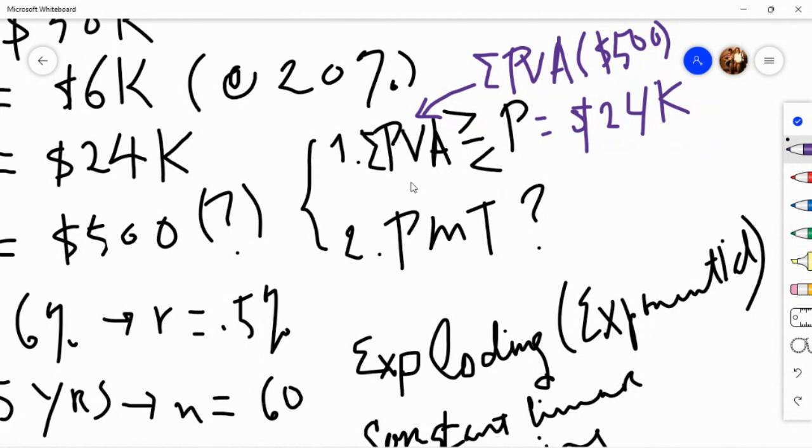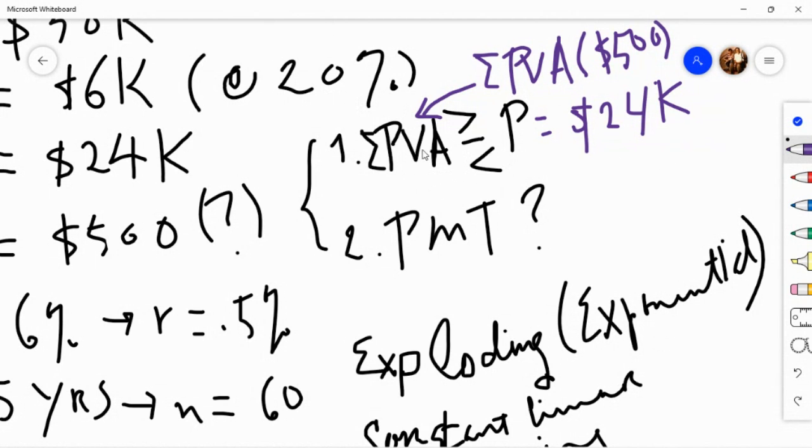Basically, at time zero, when this deal was signed, with the prevailing interest rate at time zero, they must have calculated the payment based on the principal of 24K, and it must be equal.